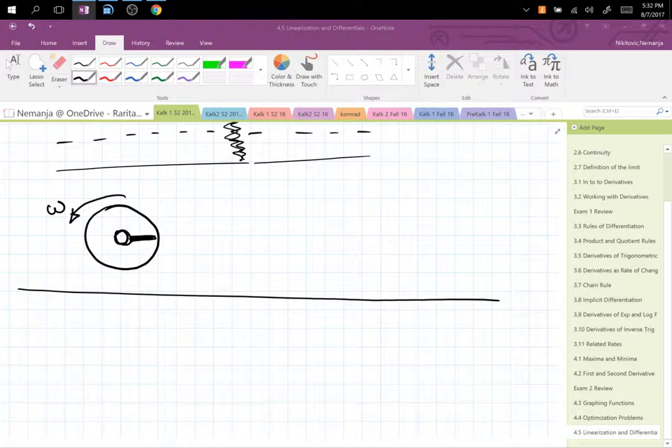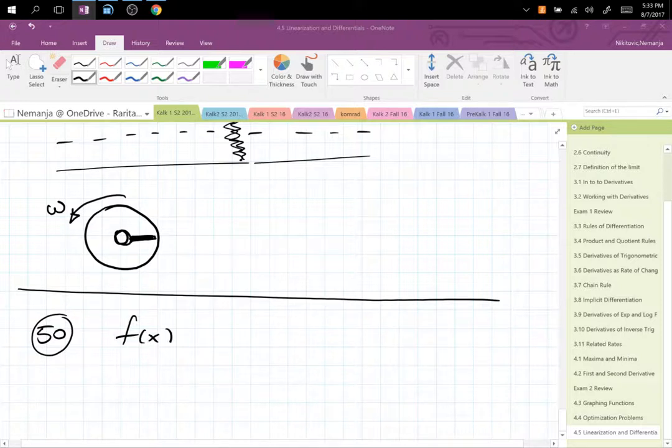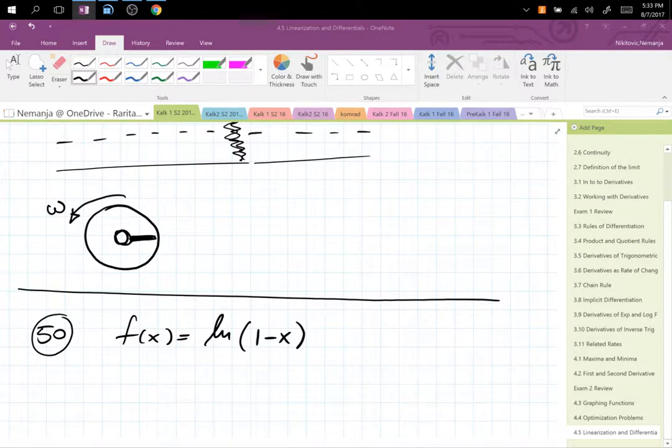So they want you to unleash the differential upon problem 50. It says f of x is equal to ln of 1 minus x. They just want you to set up the formula for it. I don't think you can get an easier problem than that one.